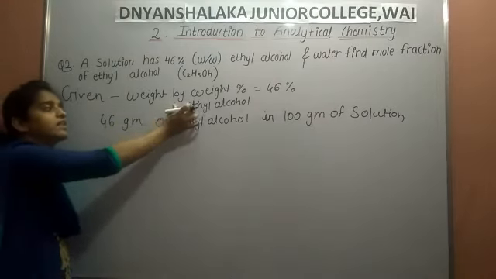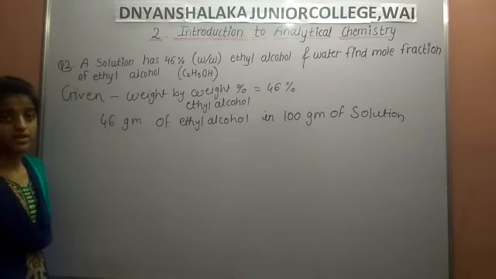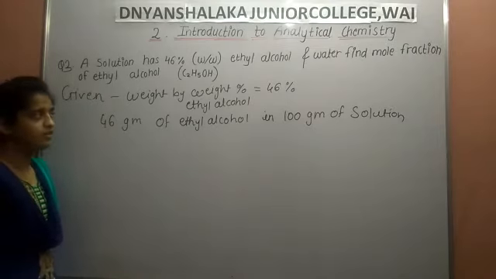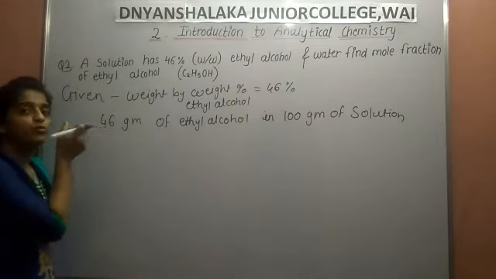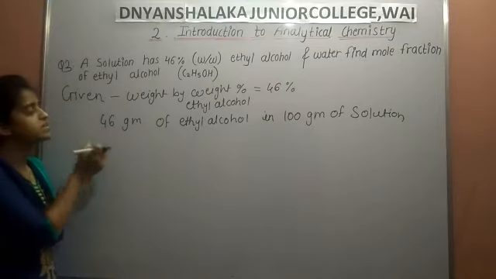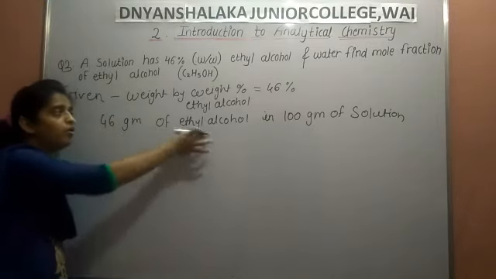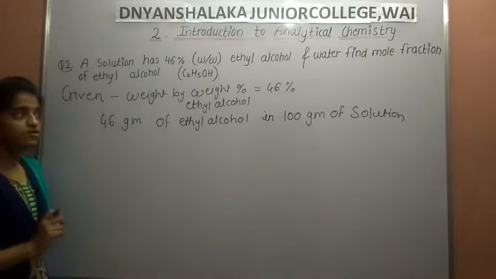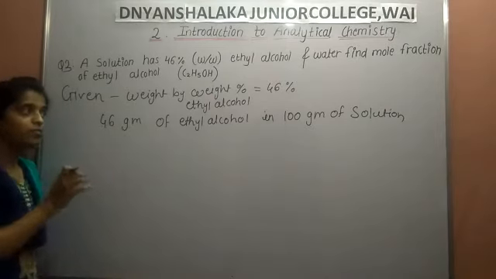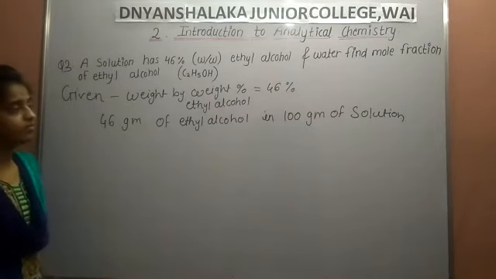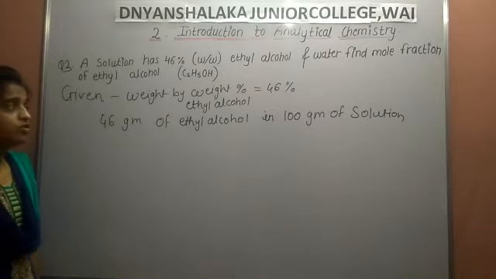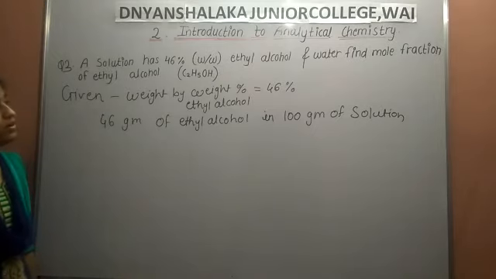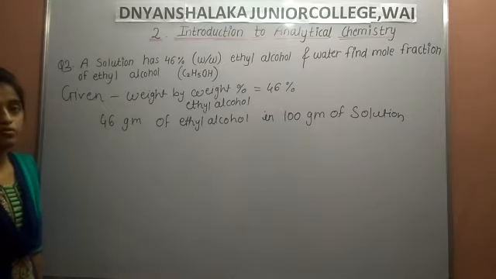So in this example the weight by weight percent of ethyl alcohol is 46%. According to the mass percent definition, 46 gram of ethyl alcohol is dissolved in 100 gram of solution, meaning 46 gram ethyl alcohol is present in 100 gram solution. Using this concept we find out the mass of water, the mass of solvent.